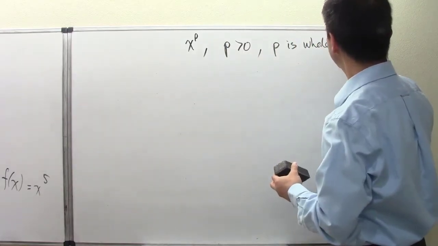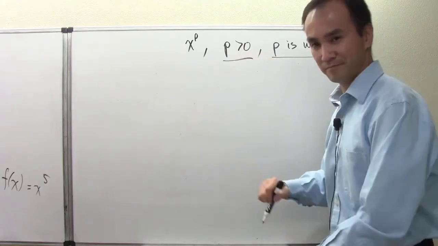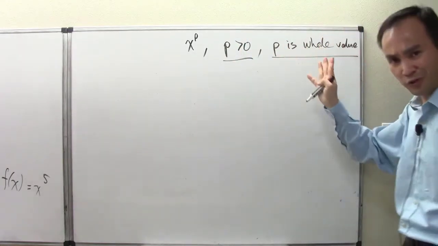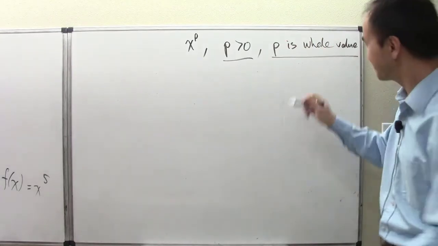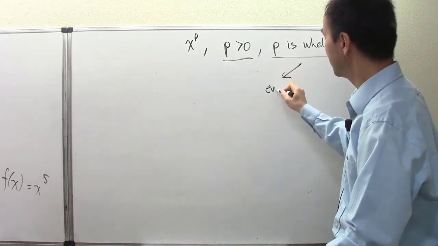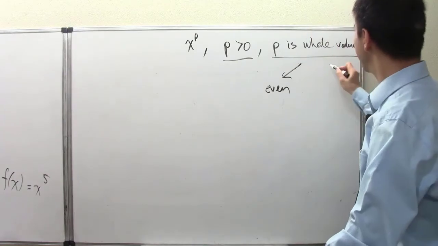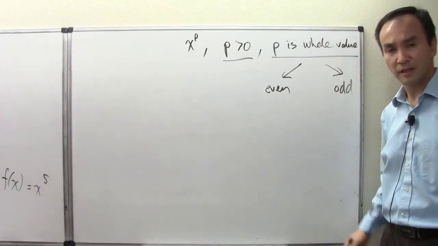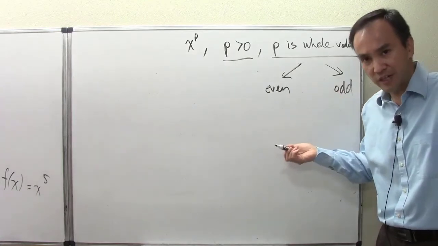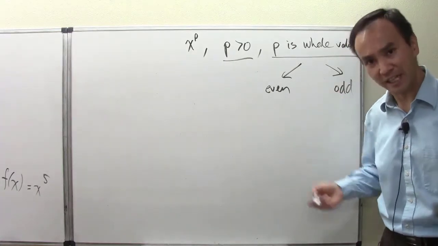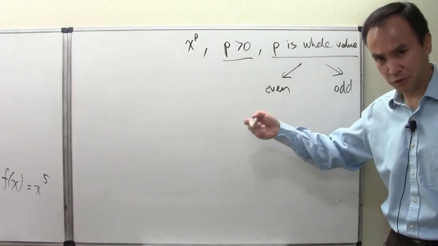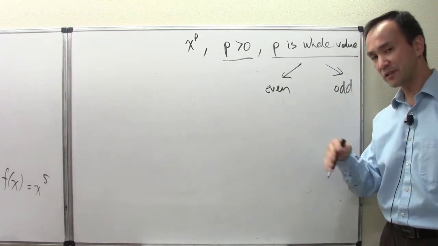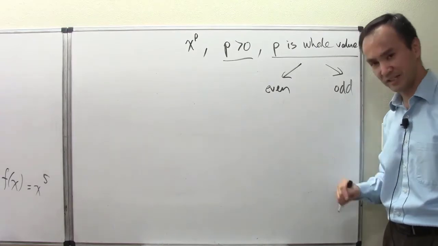So p is positive, of course, but p being a whole value, there are two cases: even whole values and odd whole values. Odd, like a 3, a 5, 7, 9, 11, 13. Evens like 2, 4, 6, 8. And an odd power also includes x to the first power. Okay, so let's take a look at them.